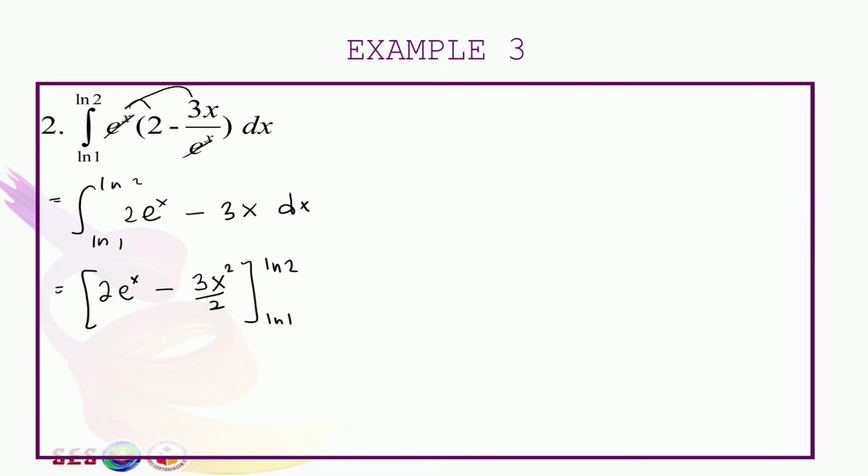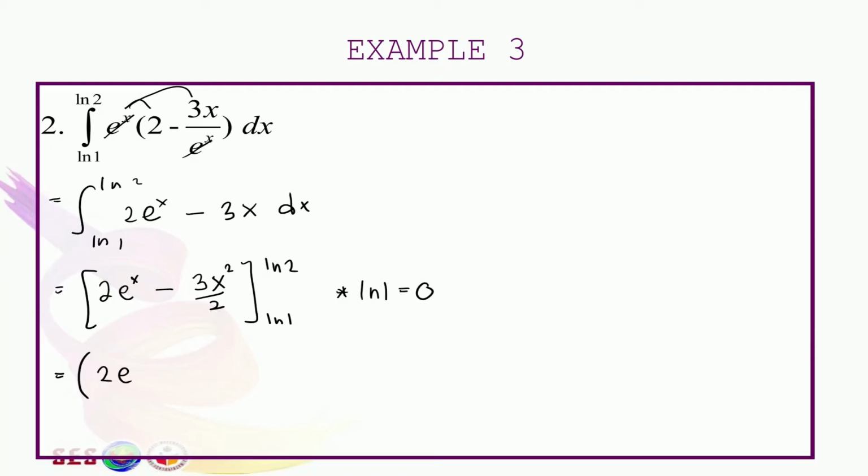Okay, so we are done with the integration. Now we need to substitute our limit into the function. As we already know, ln 1 is actually equal to 0, so we can substitute ln 2 and 0 into our function.